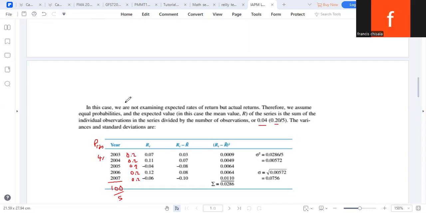Remember, we are assuming equal probabilities, and the expected value in the case of the mean R, of the series, is the sum of the individual observations divided by the number of observations. So why are we dividing again by the number of observations, the 20%? In this case, we're using 4% throughout, which is giving us an average of 20%.